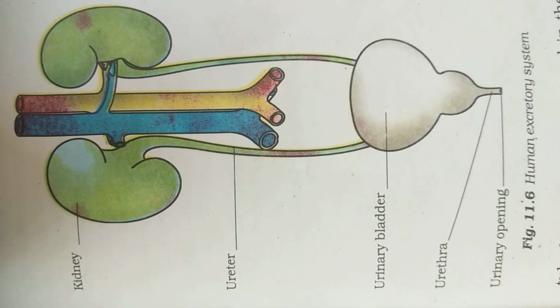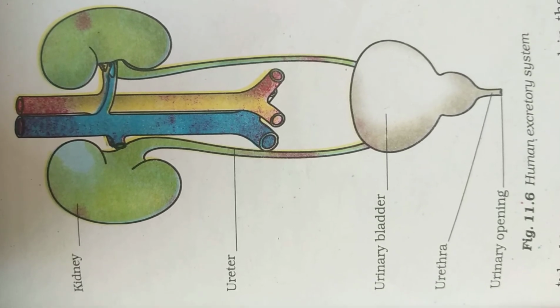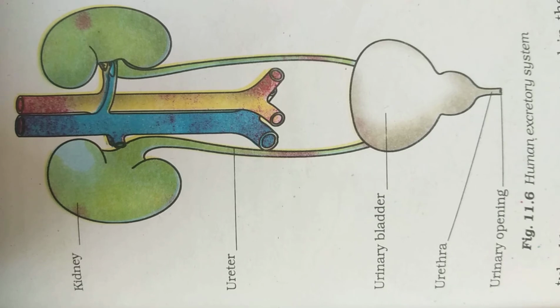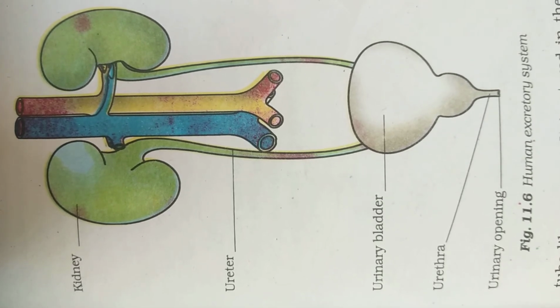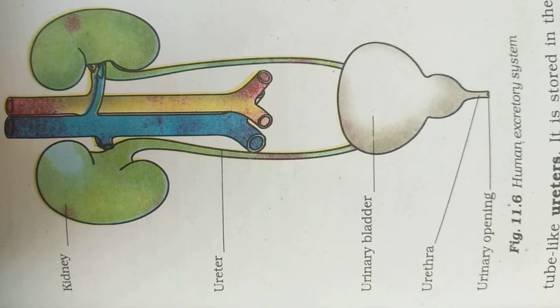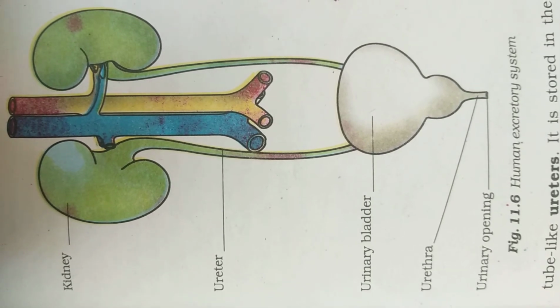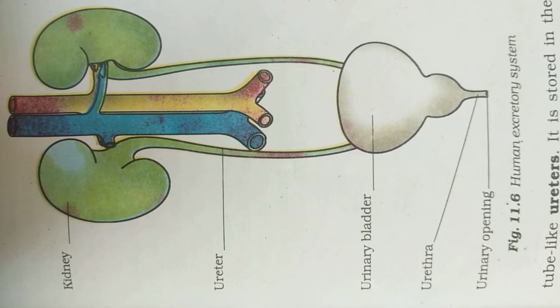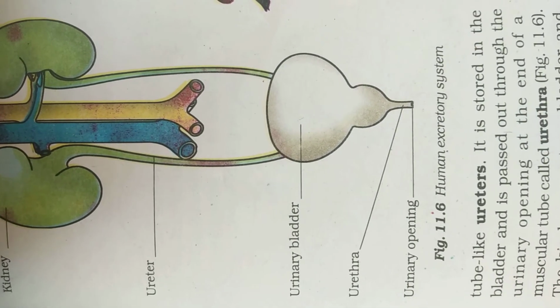An adult human being normally passes about 1 to 1.8 liters of urine in 24 hours. You know the age of an adult: above 18 they are called adults.